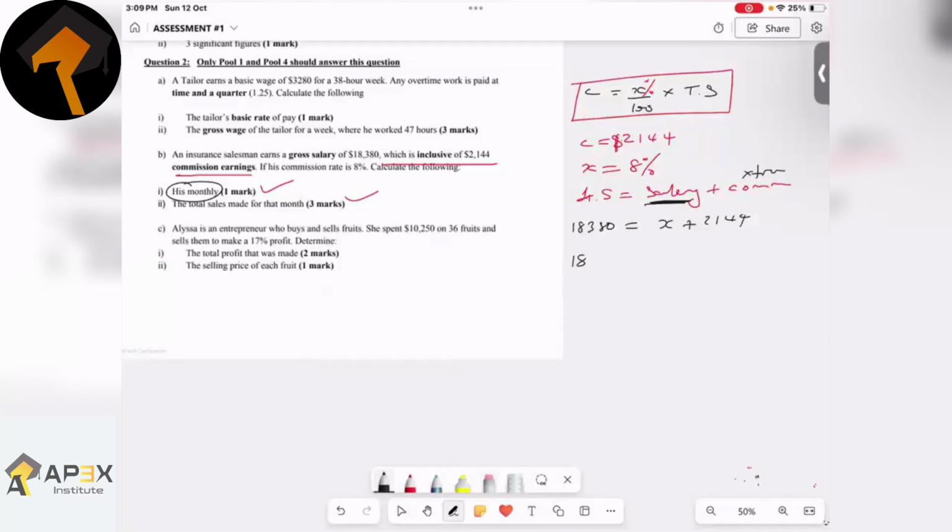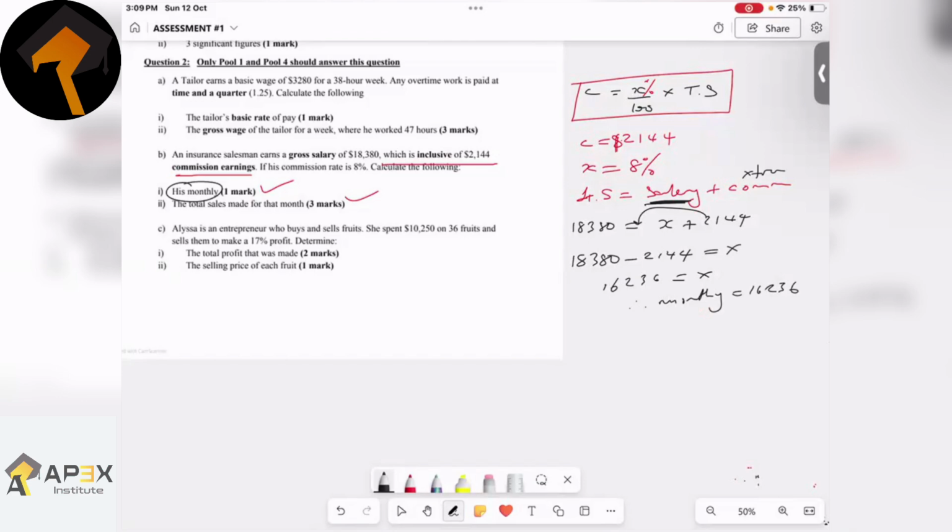So that's 18,380, and I'm going to carry this over as a subtraction sign, 2,144, because when you transpose a number across the equal sign, it changes to the opposite sign, and that's equal to X. So when I do the math, I end up with an answer of 16,236, and that's equal to X. Therefore, I can confirm that the monthly salary of the salesman is equal to 16,236.